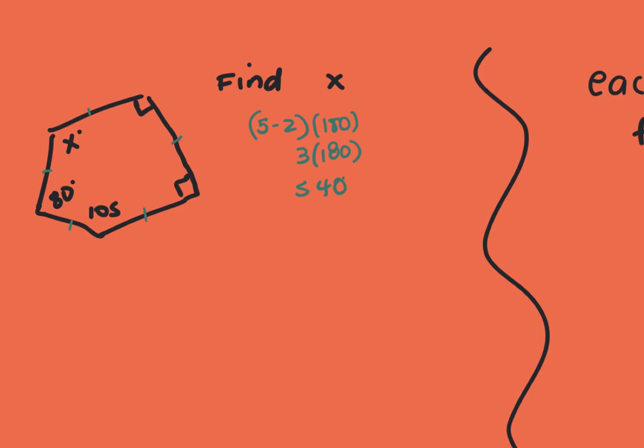And then from that, I'm going to take away the ones I already know. So I've got a 90 and a 90. So I'm going to minus 90, minus 90, minus the 105, and minus the 80. And what's left is 175. And that's what x would be.